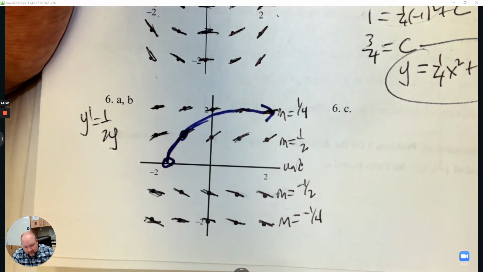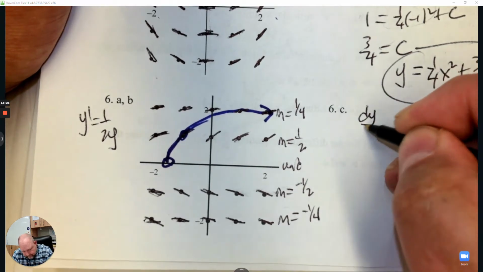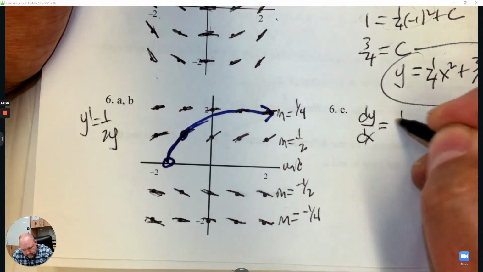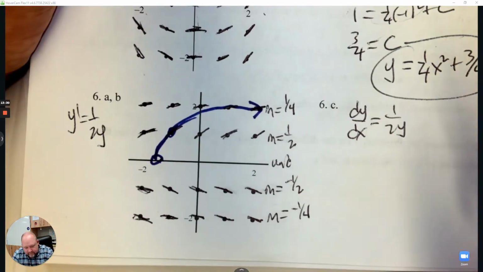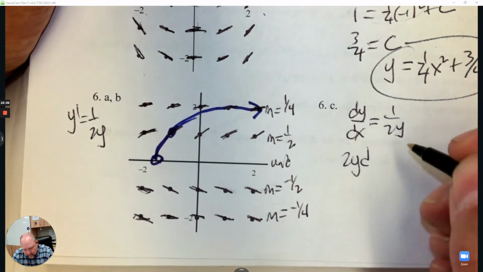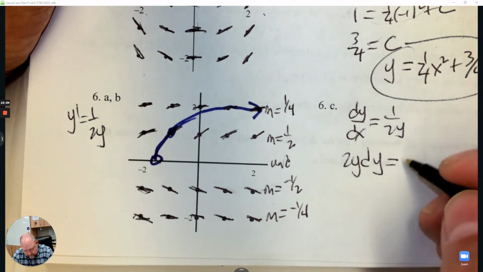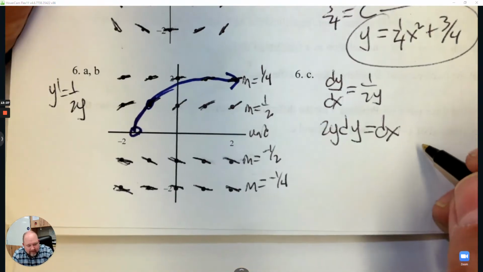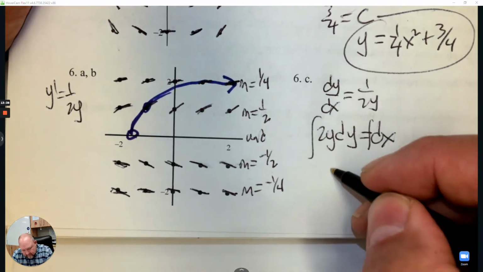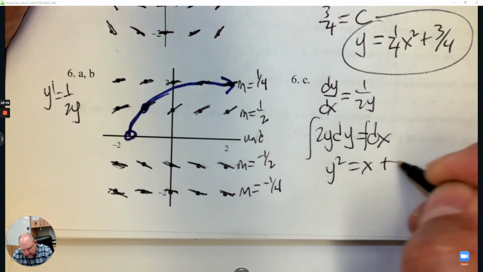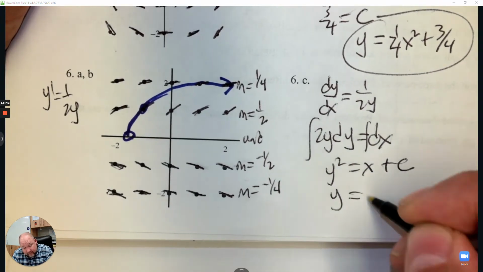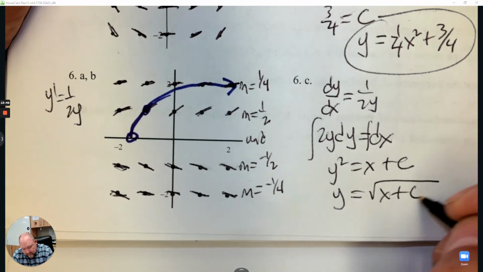If I solve the diffie-q, I'll separate the variables. So I'm going to multiply by 2y and multiply by dx. Integrate both sides. So this is y squared is equal to x plus c. And it is a square root. You can see it. It could be positive or negative.